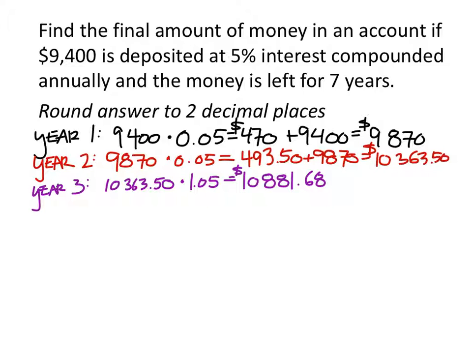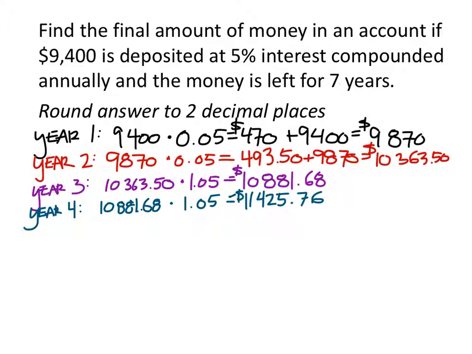We're almost halfway there because we got year 4 now. So we're going to start with our $10,881.68. And I'm going to multiply that by 1.05, which will tell me how much money we would have after year 4. All right. Well, that is year 4. Let's look at year 5 then.